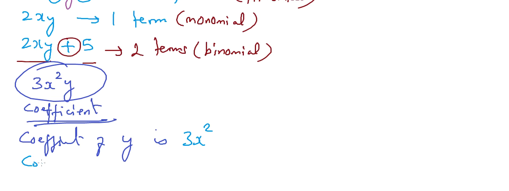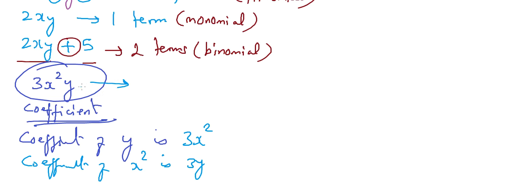Similarly, coefficient of x square is 3y. The other way of finding the coefficient: suppose we want the coefficient of y. In 3x square y, divide 3x square y by y.